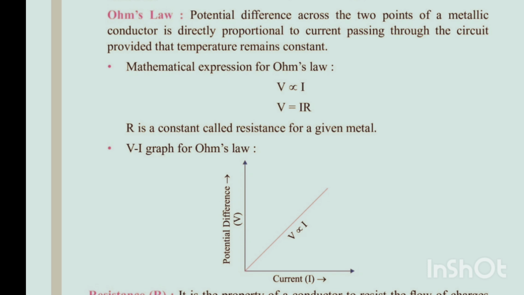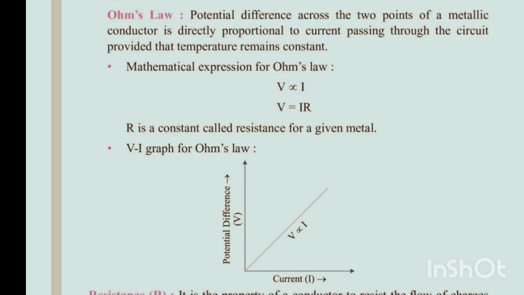When we remove the proportionality, we add R. So V equals IR, where R is the constant called the resistance of a given metal. What is R? Capital R is the resistance of a given metal. You can see a graph of Ohm's law here, with the potential difference on one side and the current I on the other. So V is directly proportional to I.